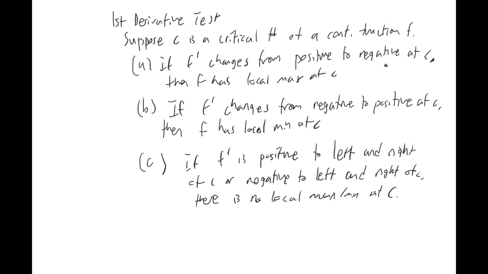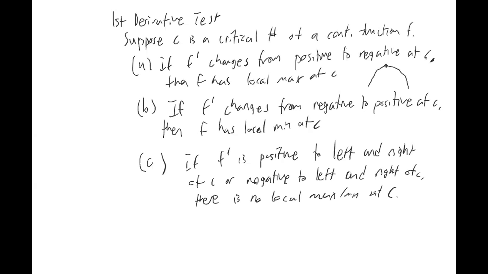If the derivative before C is positive, locally of course, it was increasing. Now after C, the derivative is negative, so it's decreasing, and you get a hill.